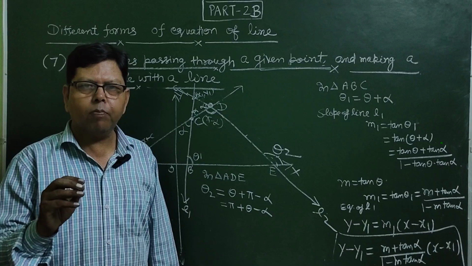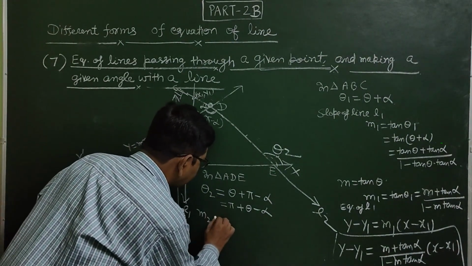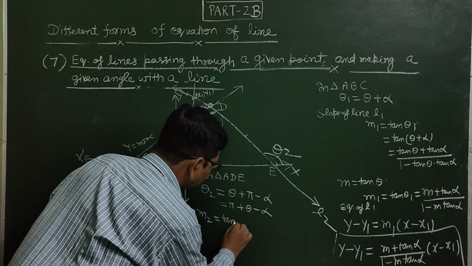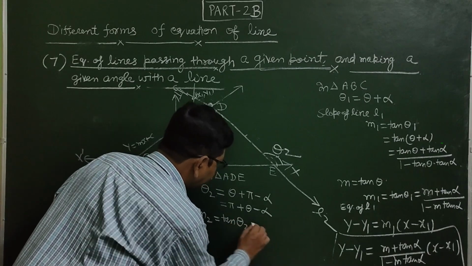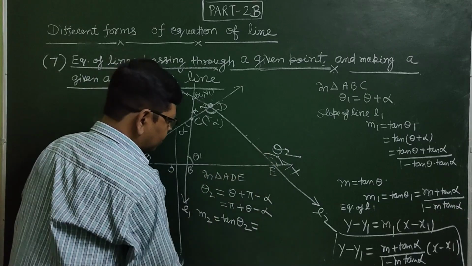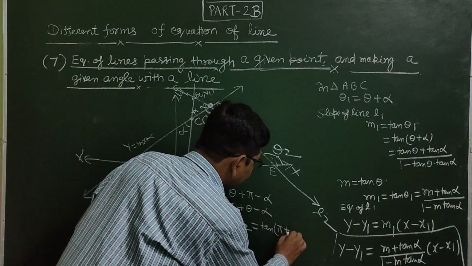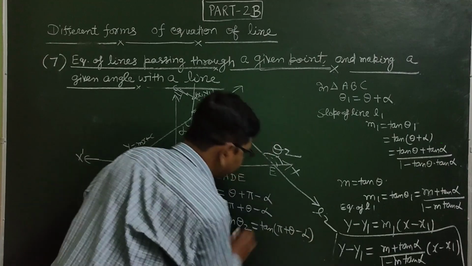Now we will find the slope of this line L2. Slope of this line, m2, is equal to tan theta 2, the tangent of the angle which it makes with the positive direction of the x-axis. So this is equal to tan of pi plus theta minus alpha.